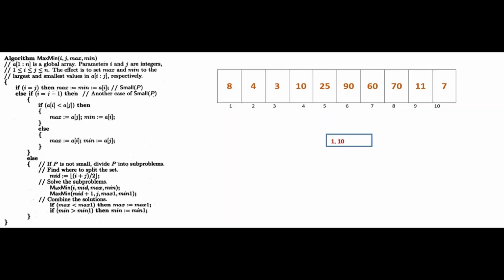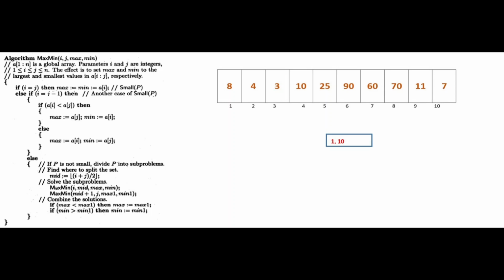Here we use a tree data structure to explain this algorithm. So we first create a root node. Now we are in the main program. There are 4 parameters: i, j, max and min.